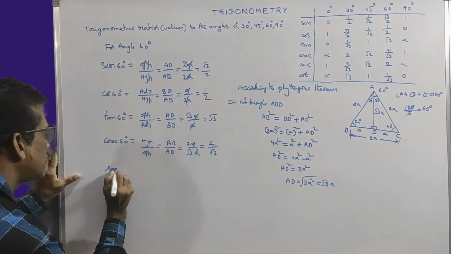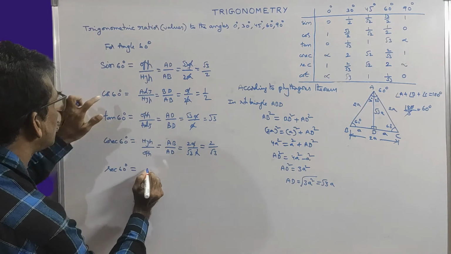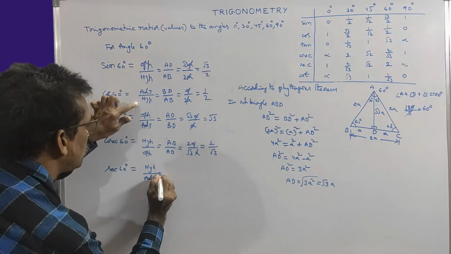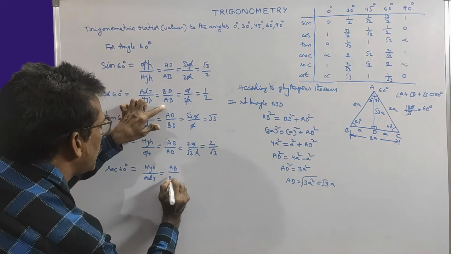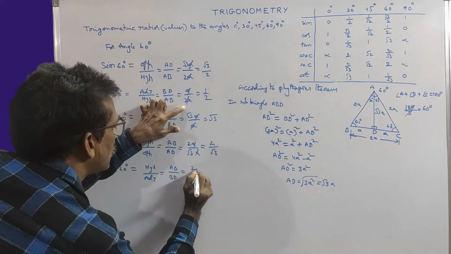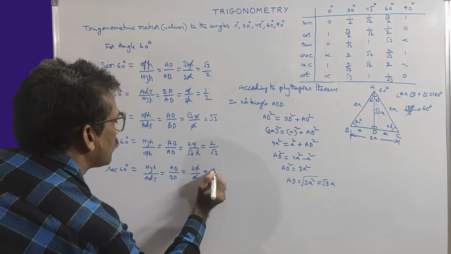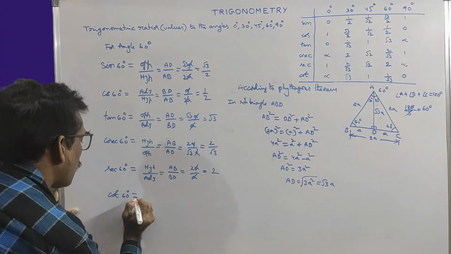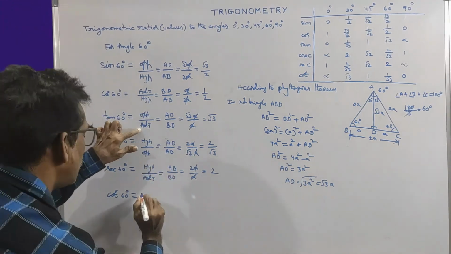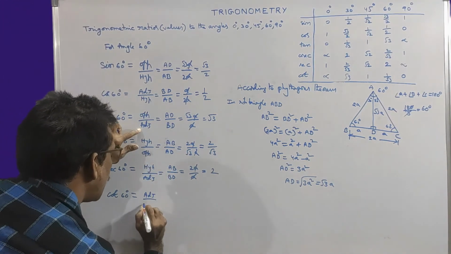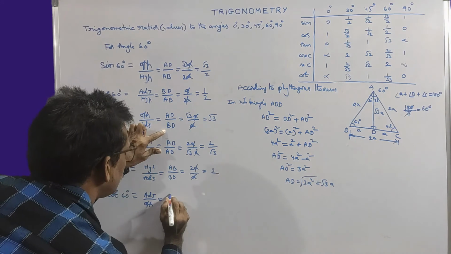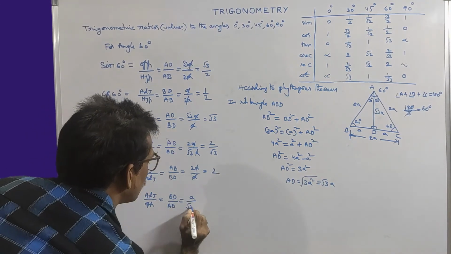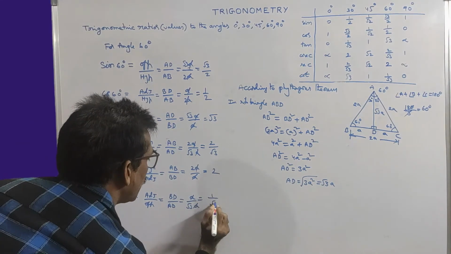Like that, secant 60 is the opposite of cos, the formula is hypotenuse by adjacent side, AB by BD, that is 2A by A, cancel, 2. Likewise cot 60. Cot is exactly the opposite of tan, the formula is adjacent side by opposite side, BD by AD, that is A by root 3 A. A cancels, 1 by root 3.